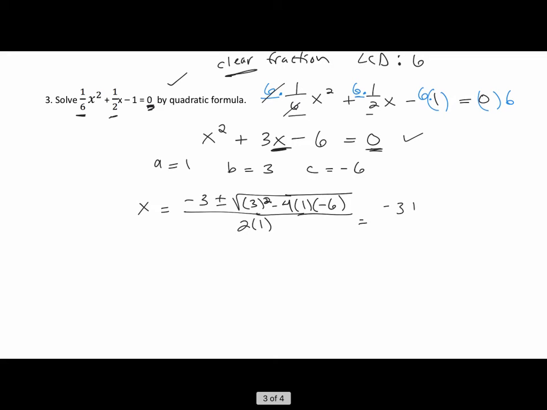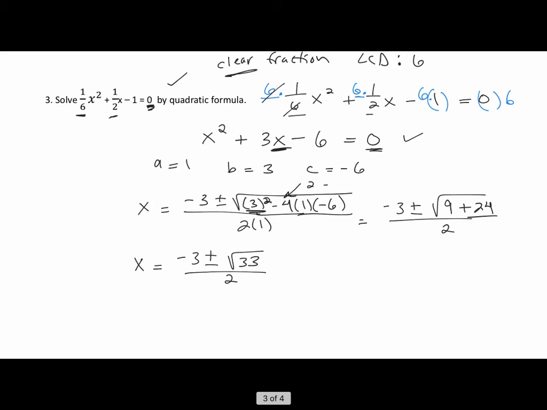So let's do some simplifying in that radical there. 3 squared is 9. There's 2 negatives, so that's plus. 4 times 1 is 4 times 6 is 24. And in the denominator, 2 times 1 is 2. So now we can add together inside of the radical. 9 plus 24 is 33.